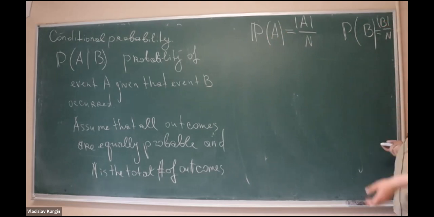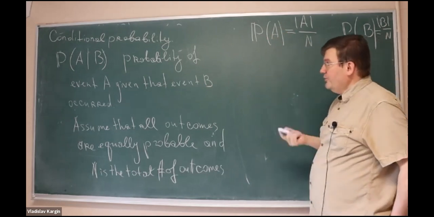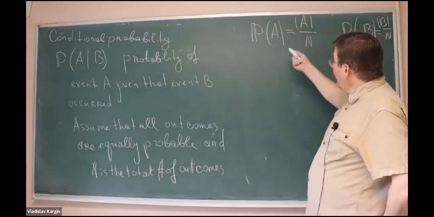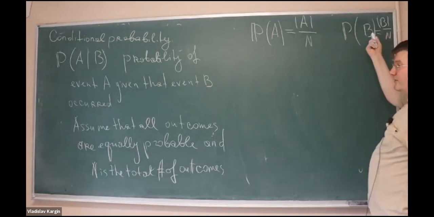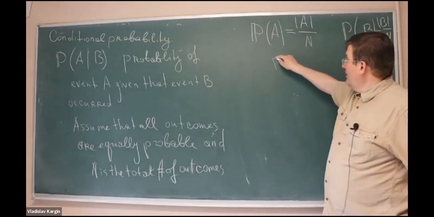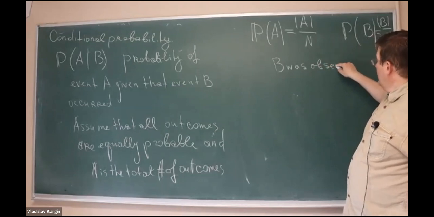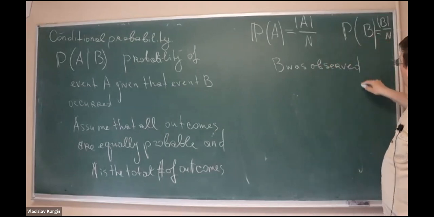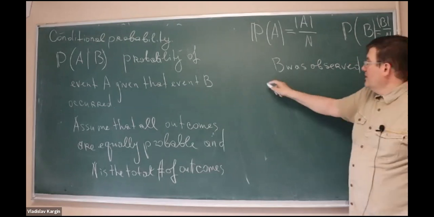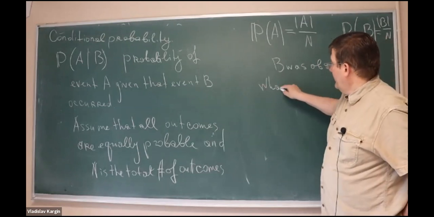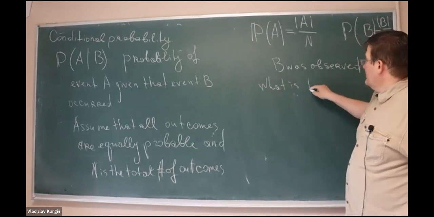Right, now we want to calculate what's the probability of A given that we observed B. So B was observed. What is the probability of A?